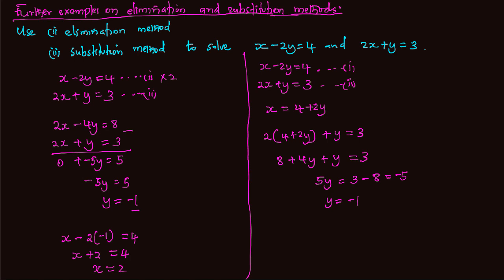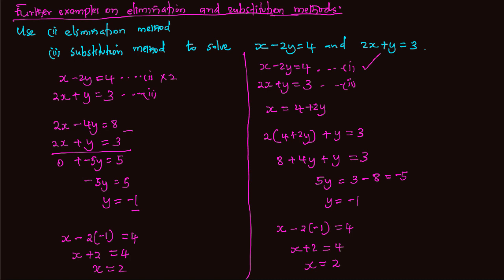Substituting for the value of y we have calculated into the original equation marked by a tick, we get x minus 2 times negative 1 is equal to 4, x plus 2 is equal to 4, and therefore x is equal to 2.